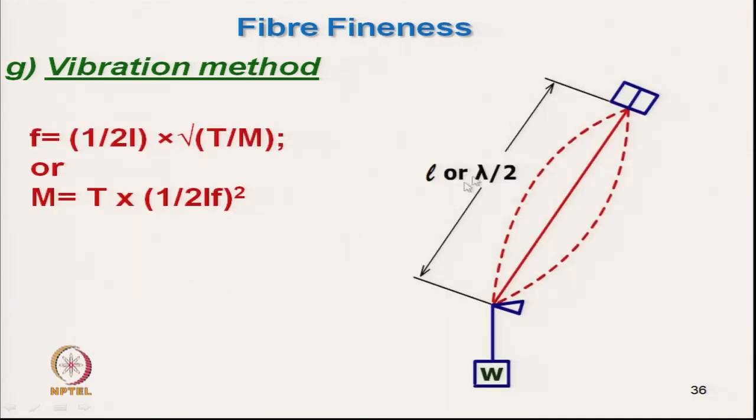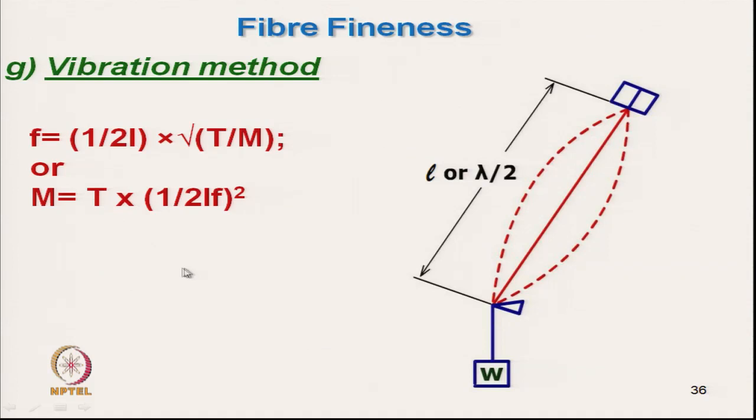Now, this is the principle we know. The natural frequency f is equal to 1 by 2L multiplied by the square root of T by M, where T is the tension on the string, f is the frequency, L is the free length between the two points, and M is the mass per unit length.